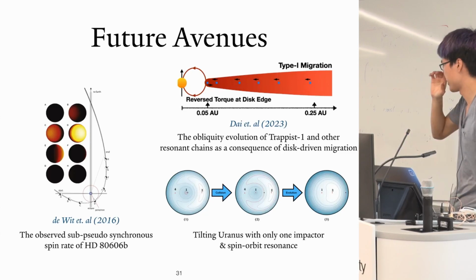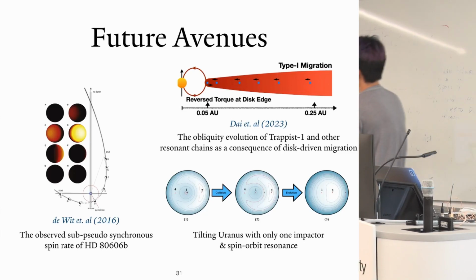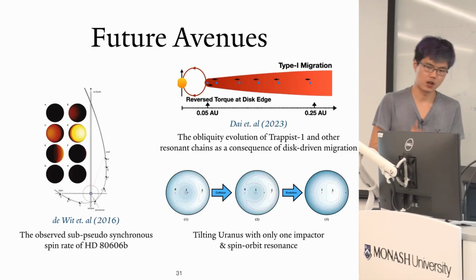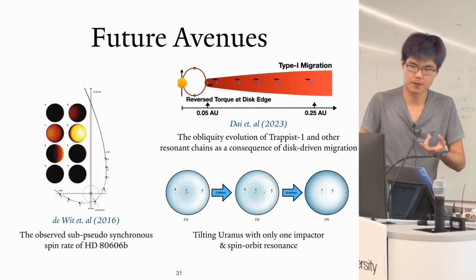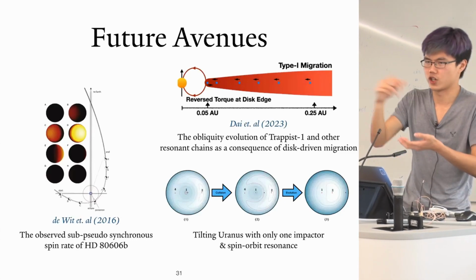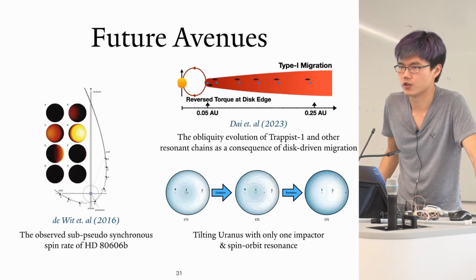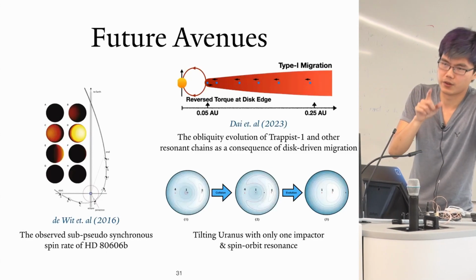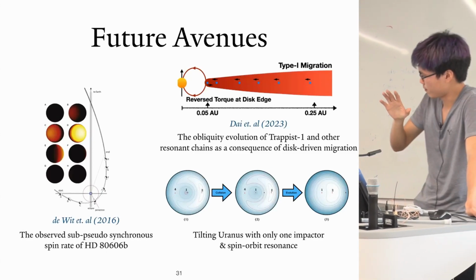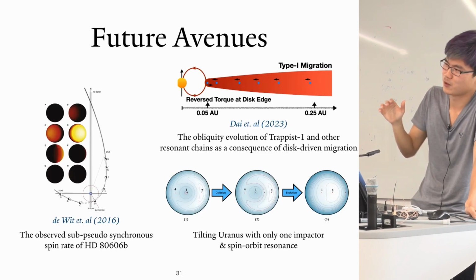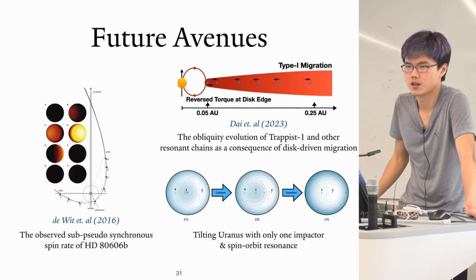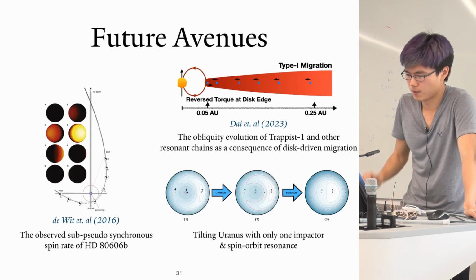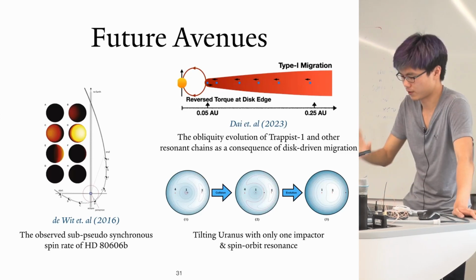To give a brief rundown, Uranus is tilted 98 degrees, and the most well accepted hypothesis is the giant impact theory, that a giant impactor tilted Uranus over. It's the most widely accepted theory for a good reason, because it reproduces most of the current characteristics of Uranus.